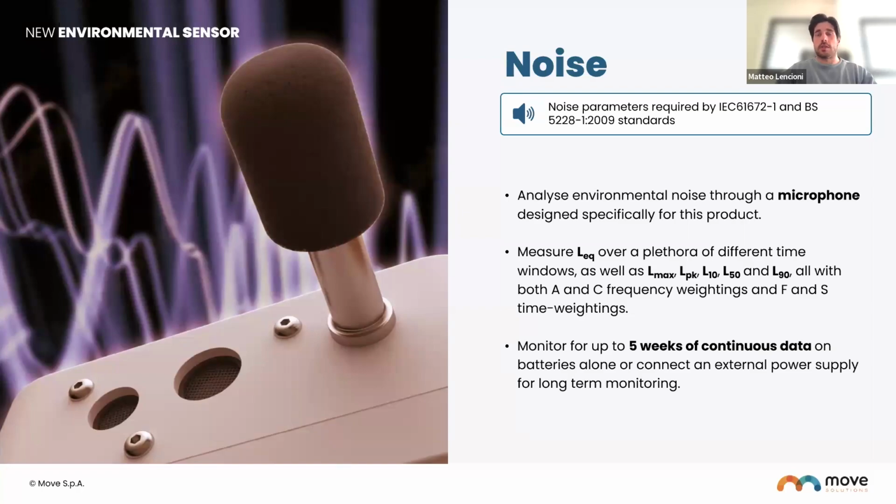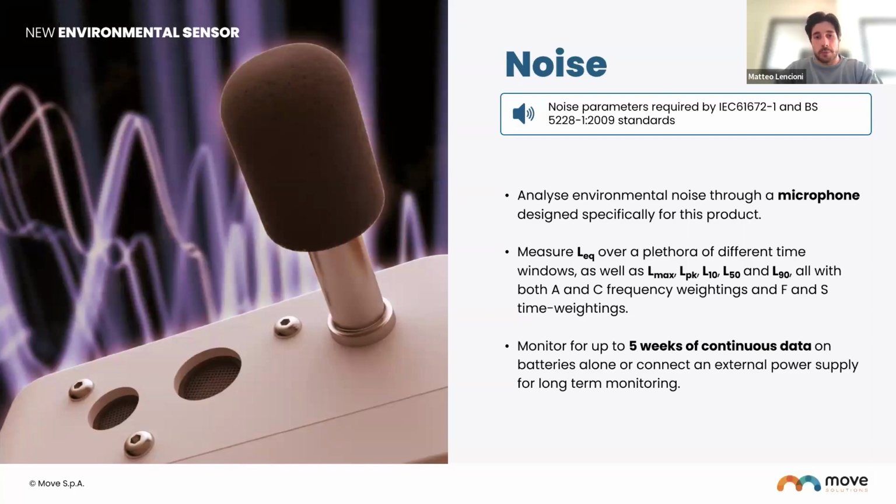And then it can provide those statistical parameters, L10, L50, L90, both on an A and C frequency weighting, and then fast, slow time weighting. So these are all parameters that pretty much all the regulations around the world require. So we designed it to make sure that we can provide all of those specific parameters that are necessary in noise monitoring.